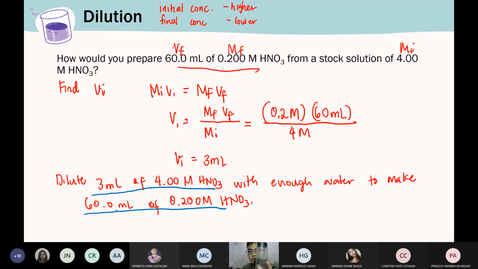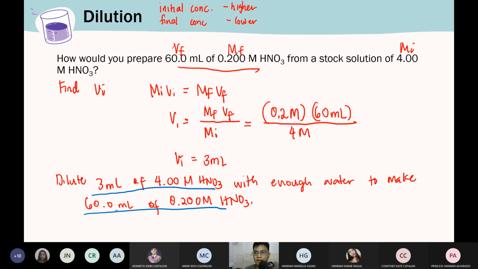And once in the flask, I will add enough water. So 57 ml of water idadagdag ko so that the volume will be 60 ml. And yung 60 ml na yon, automatically, the concentration is 0.2 molar na. Upon adding 57 ml of water, magiging 0.2 molar nitric acid na siya.